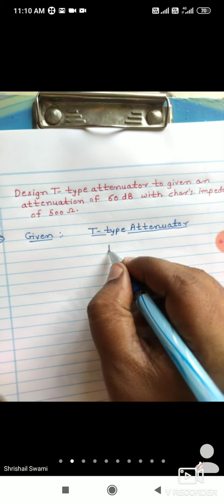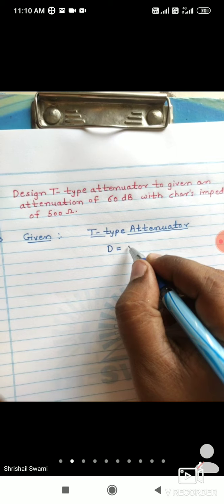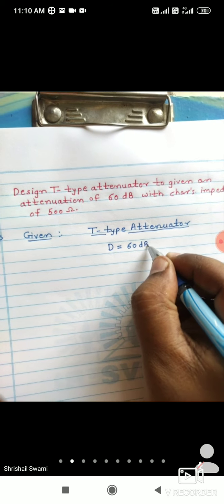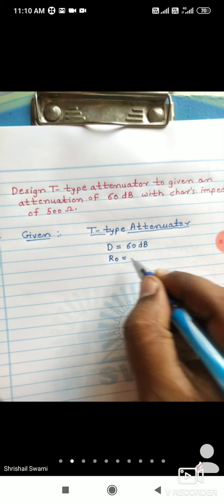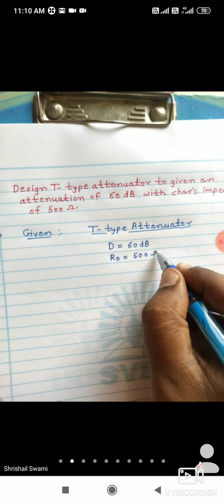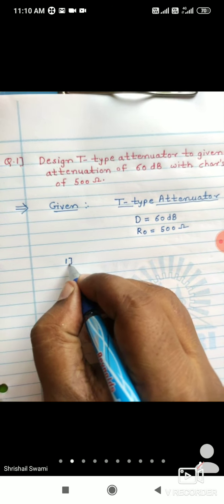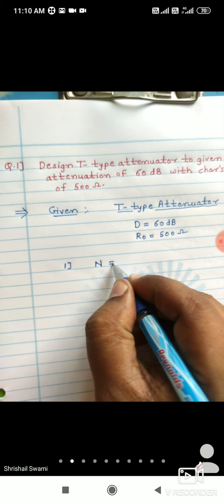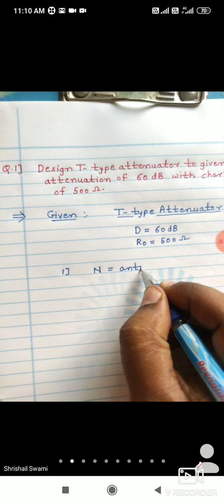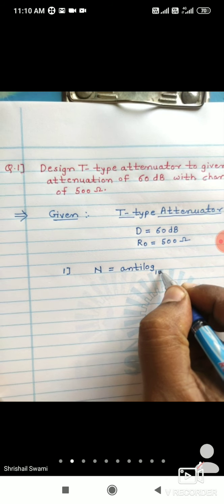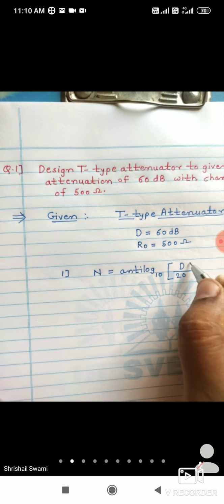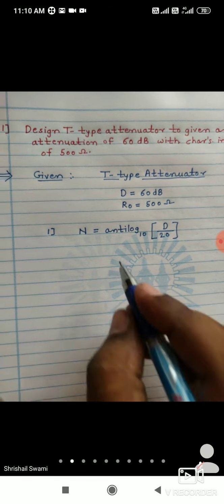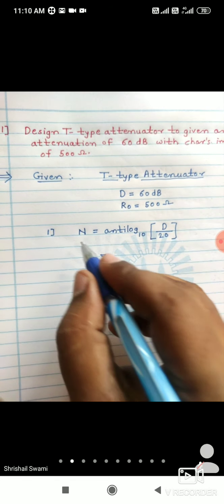Next, capital D is given, that is 60 dB, and after that the characteristic impedance is given, that is R0 is equal to 500 ohm. So first formula will be to calculate the value of N. So N is equal to antilog of base 10 in bracket D divided by 20. So put the value of D and tell the answer of N.